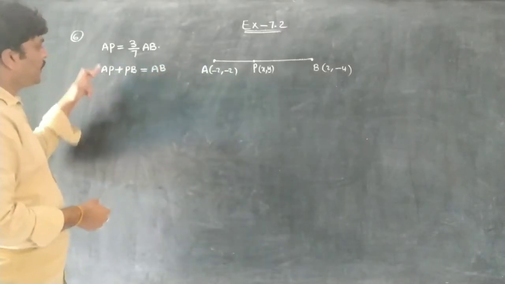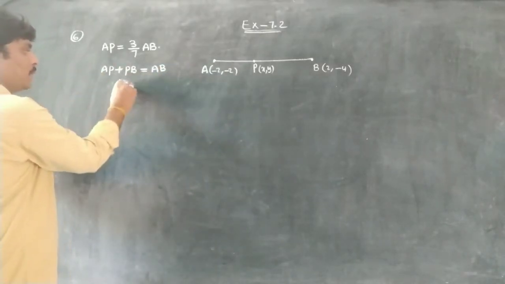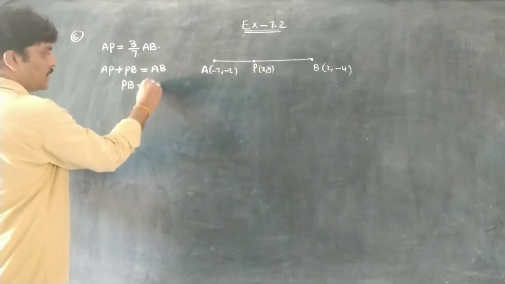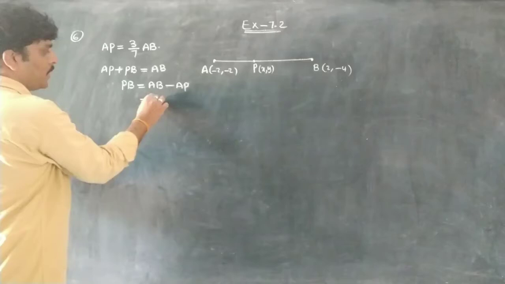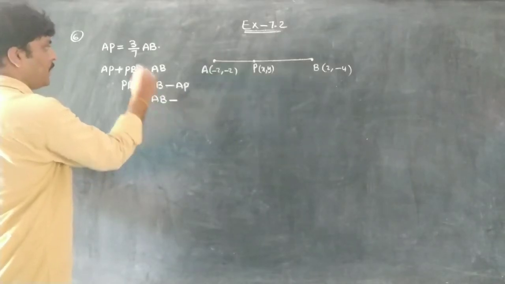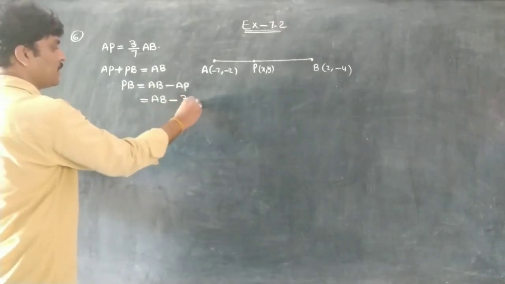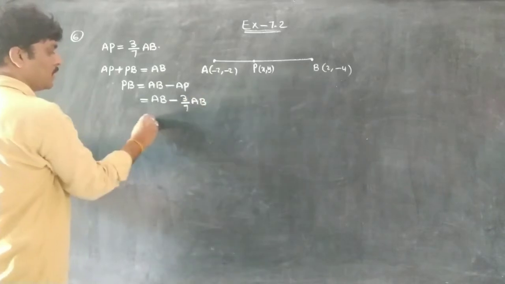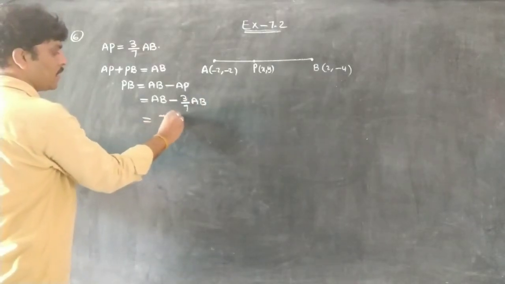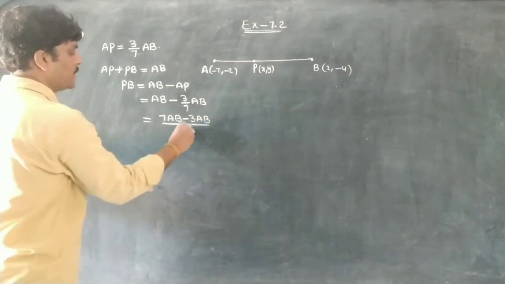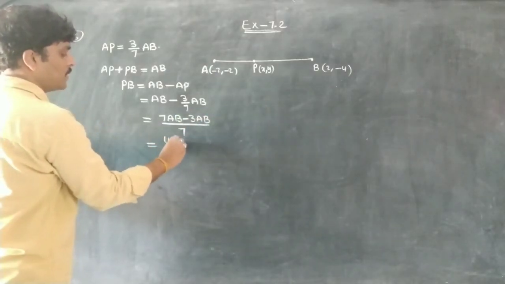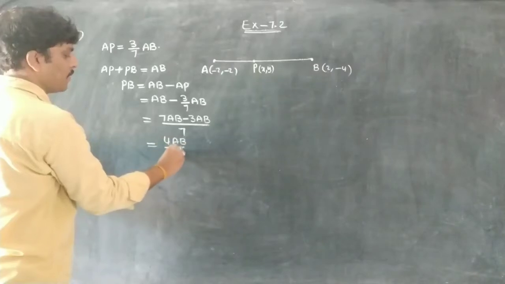Here we know AP, so PB is AB minus AP. AB minus AP value is 3 by 7 AB, so taking LCM 7, that is 7 AB minus 3 AB, now this is 4 AB by 7.